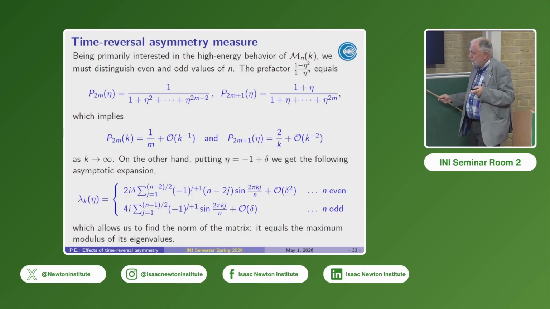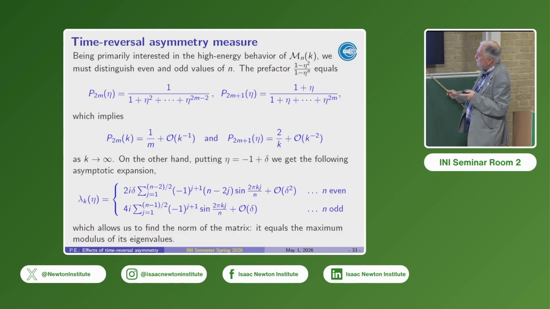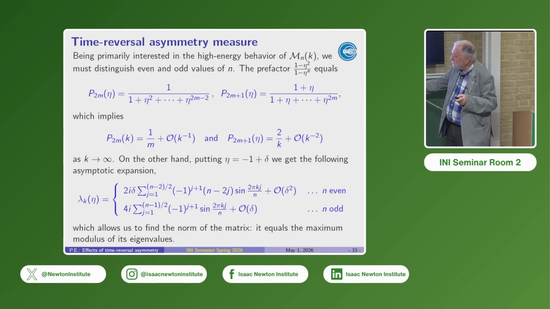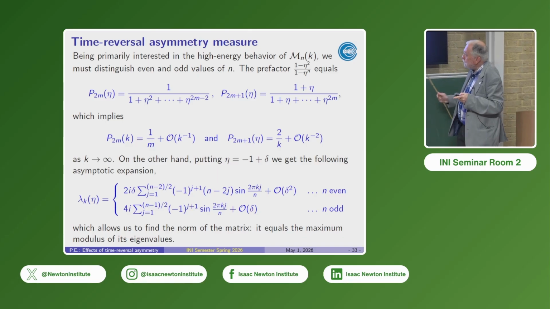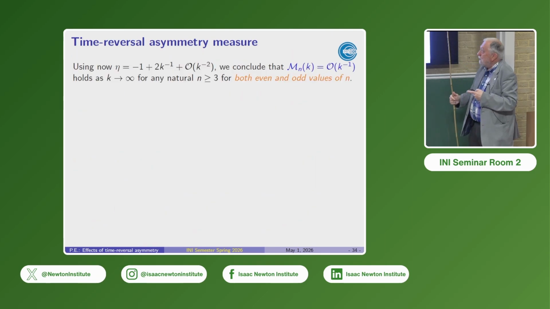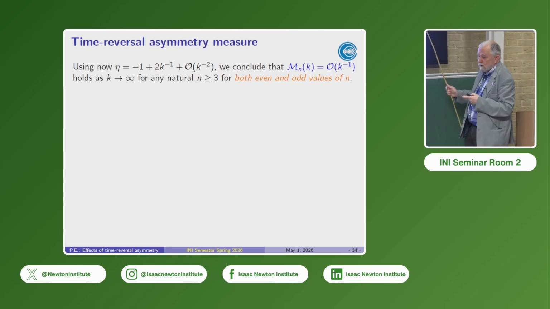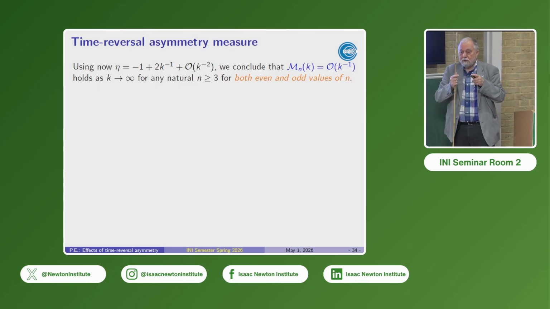On the other hand, the eigenvalues look like that, and especially if I go close to infinite energy, that is eta is -1 plus delta, you see that again for even and odd there is a difference. Delta is here, but it is not here. So if you put that together, the two differences compensate each other. And the result is that the quantity we are interested in behaves at high energies as O of 1 over k. So the violation disappears.